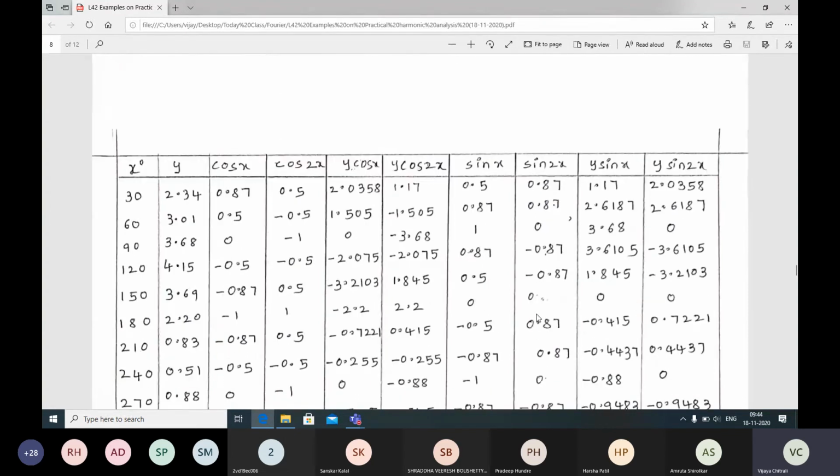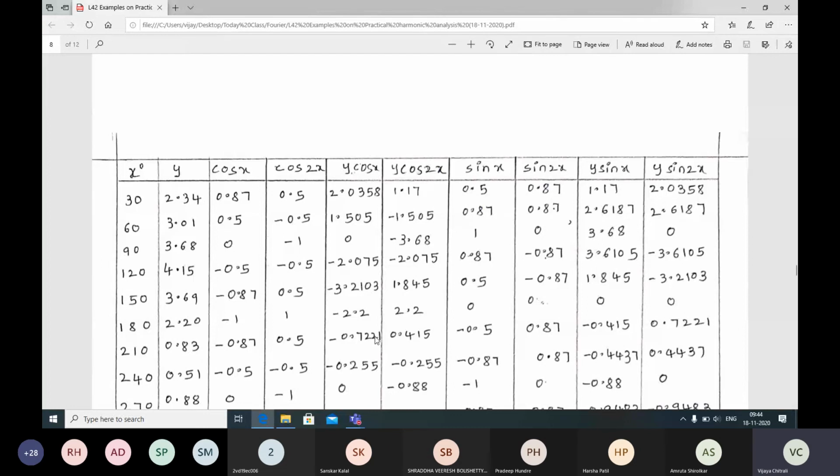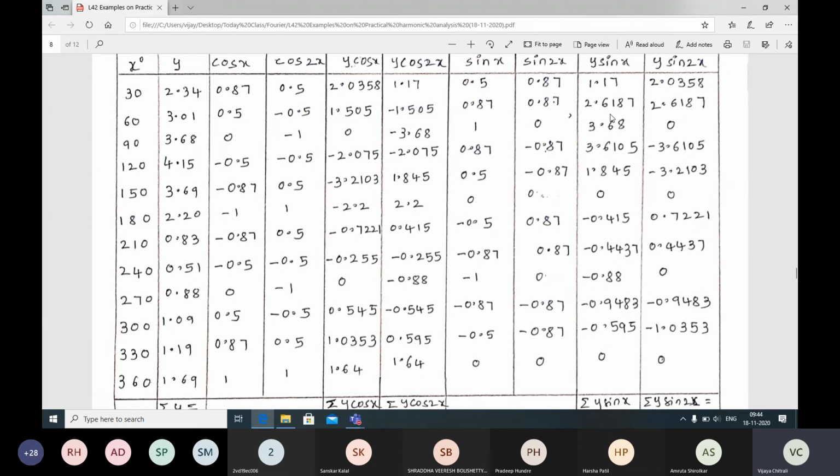Now multiply y and sin x. We have y values and we have sin x values. 2.34 into 0.5 is 1.17. Similarly, we'll get the values 2.6187, 3.68, 3.6105, 1.845, 0, minus 1, minus 0.415, minus 0.4437, minus 0.88, minus 0.9483, minus 0.595, and 0.